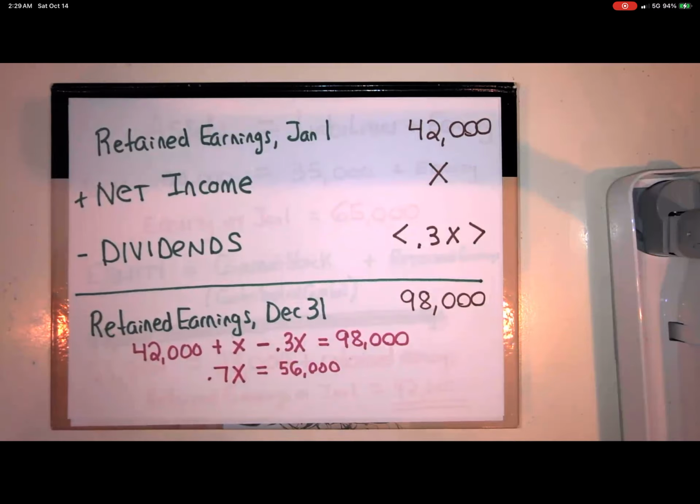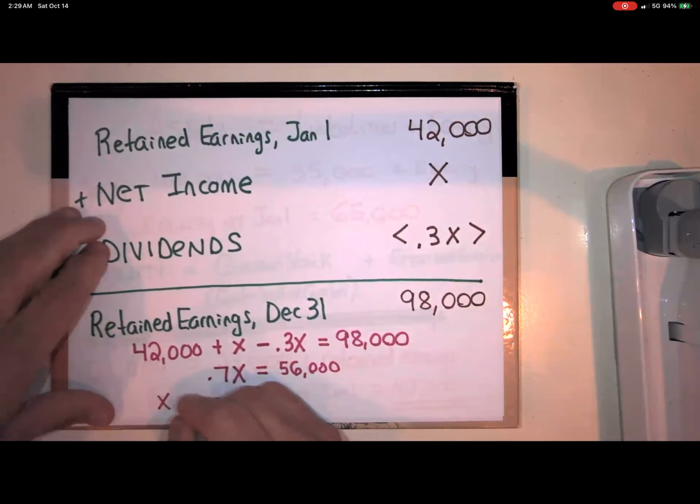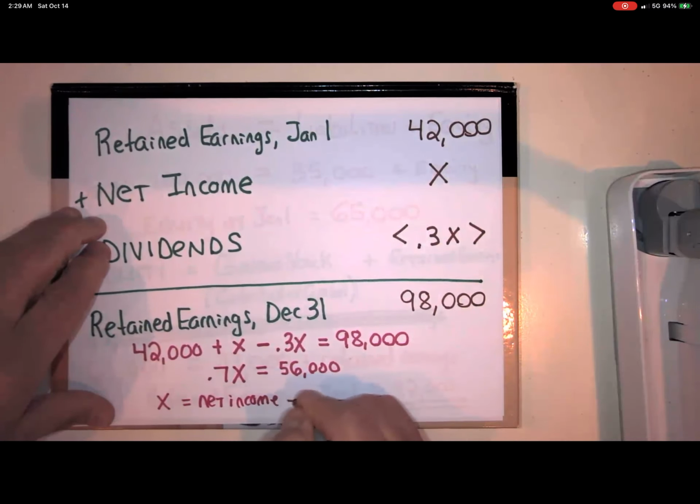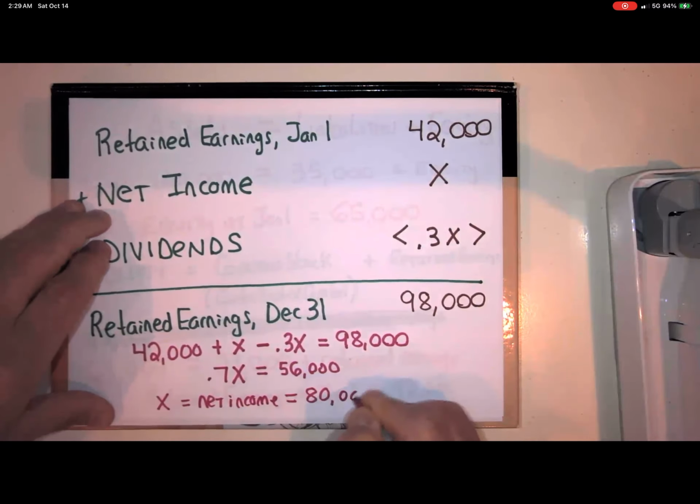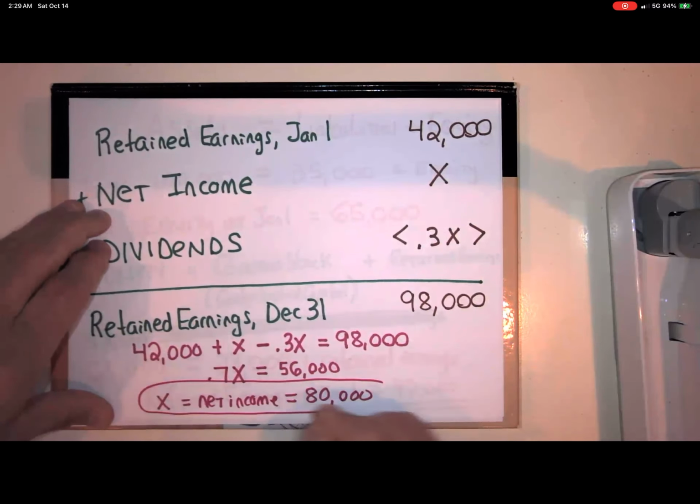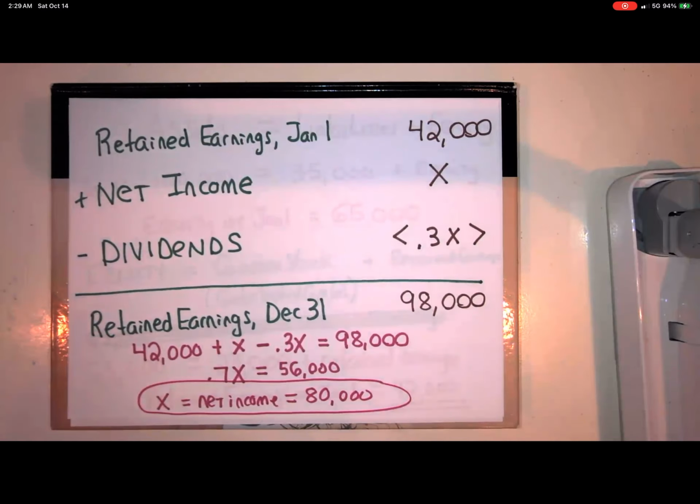So I've got 0.7x equal to 56,000. X, which is our net income, would have been equal to $80,000. All right, good job there, Matthew. Well done. Any questions on requirement number 3?